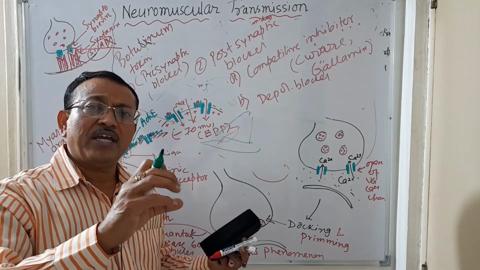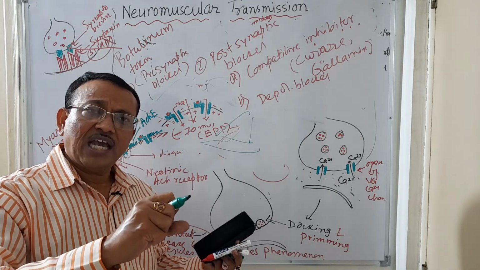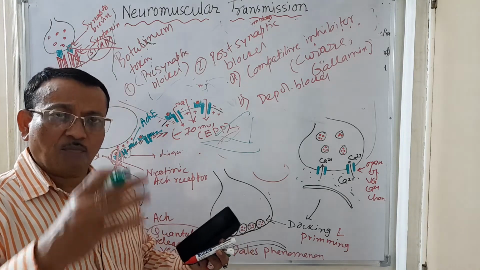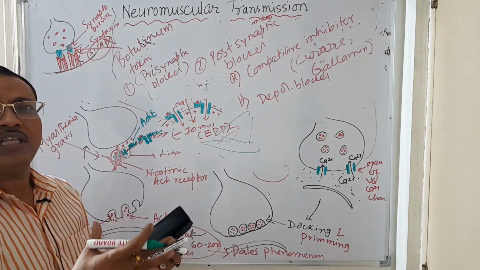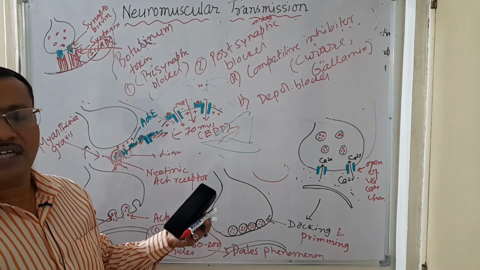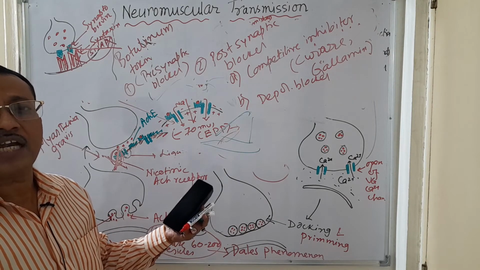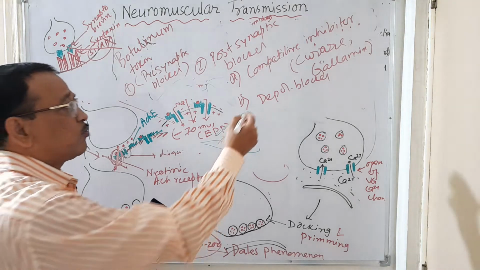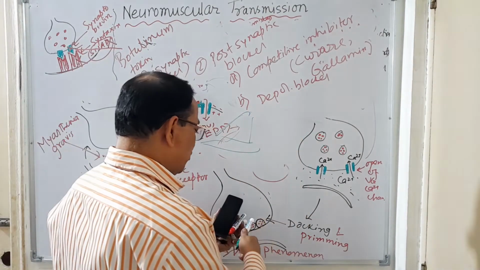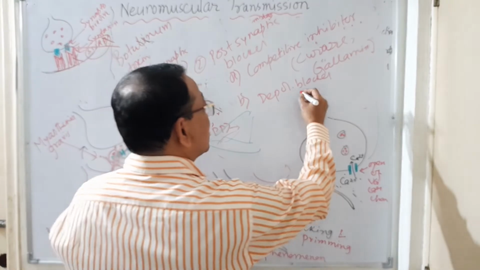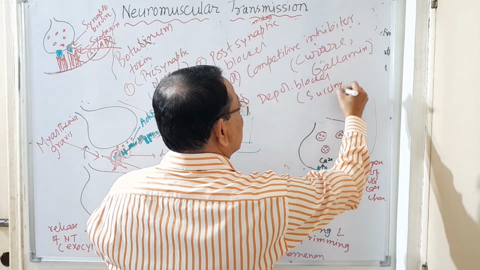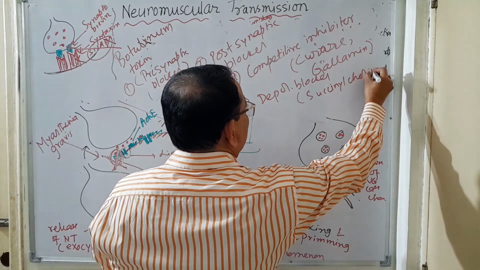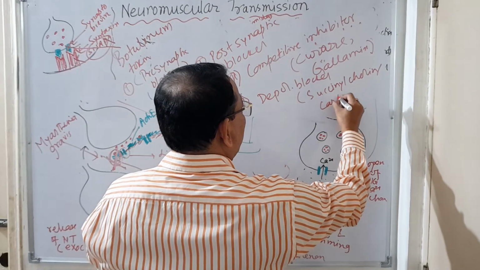So muscles will remain in the contractile state and after prolonged contractions, they will be totally exhausted and thereby in the relaxed state. So this is the blocker known as the depolarizing blocker, and examples are succinylcholine and carbamylcholine.